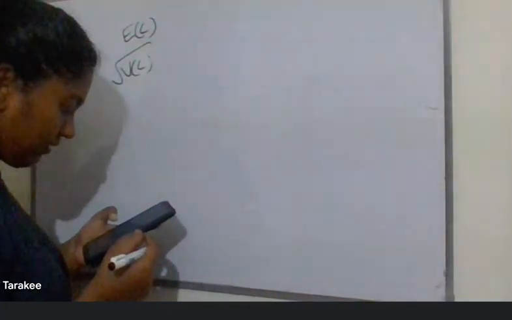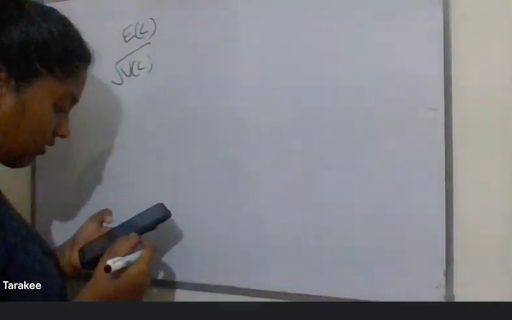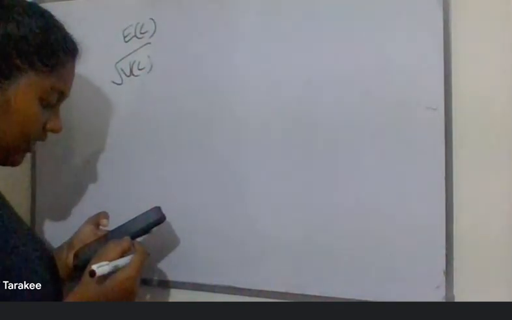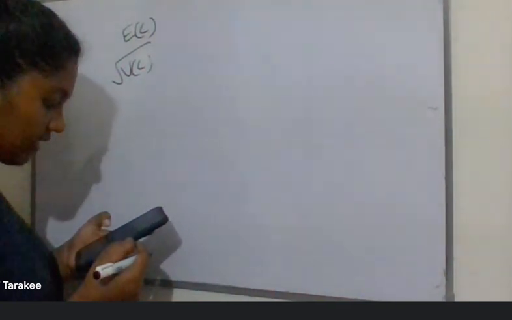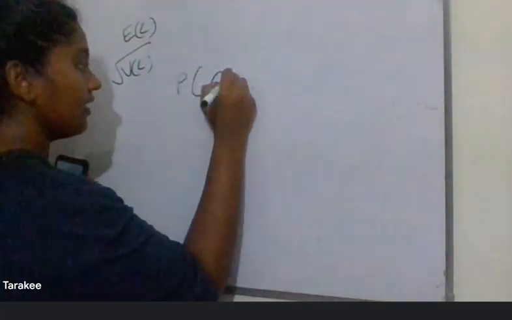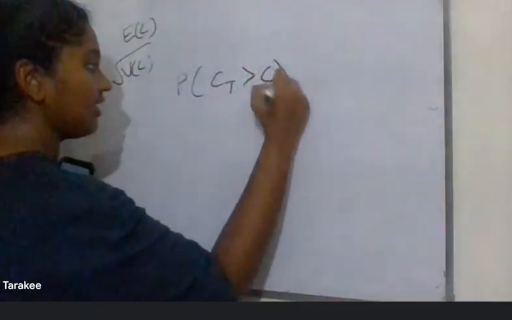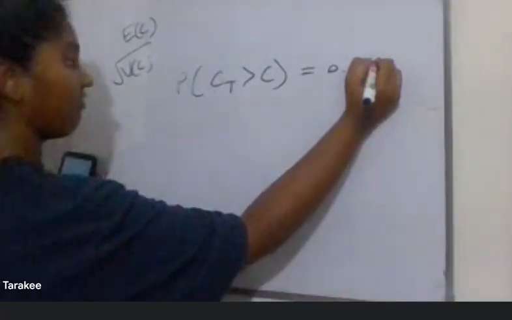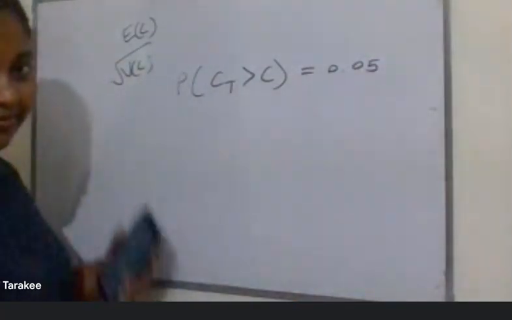Use a normal approximation to find the value of CT which is exceeded with probability 0.05. Okay. Now what we have to find is, that means P(CT greater than c) equals 0.05. Okay.